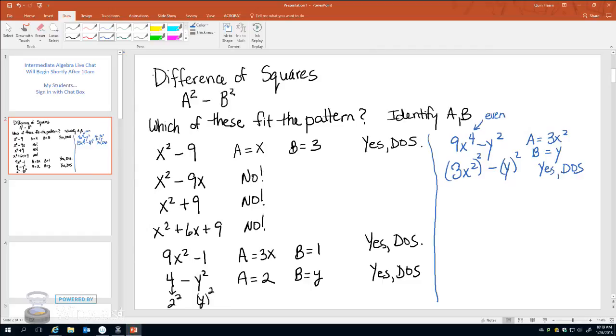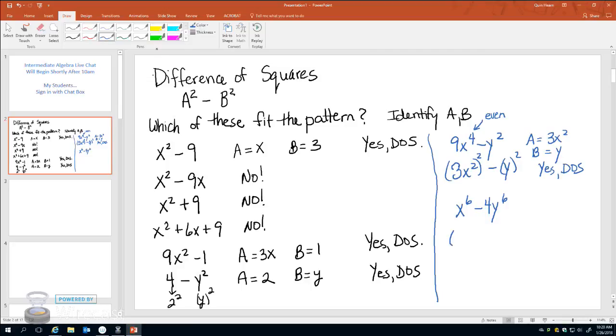Okay, so one more. What if I had x to the 6th minus 4y to the 6th? Is that fitting the pattern of a difference of squares? A difference of squares has to be 2 terms being subtracted, and you have to be able to write each one as a quantity squared. X to the 6th, notice it's an even power.